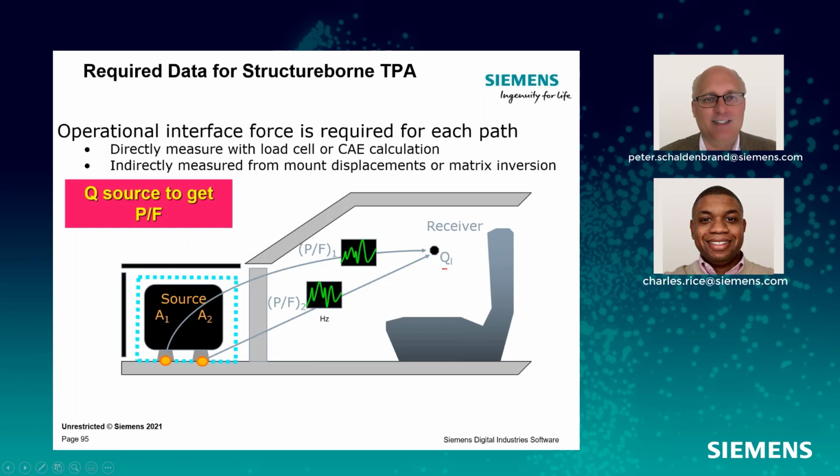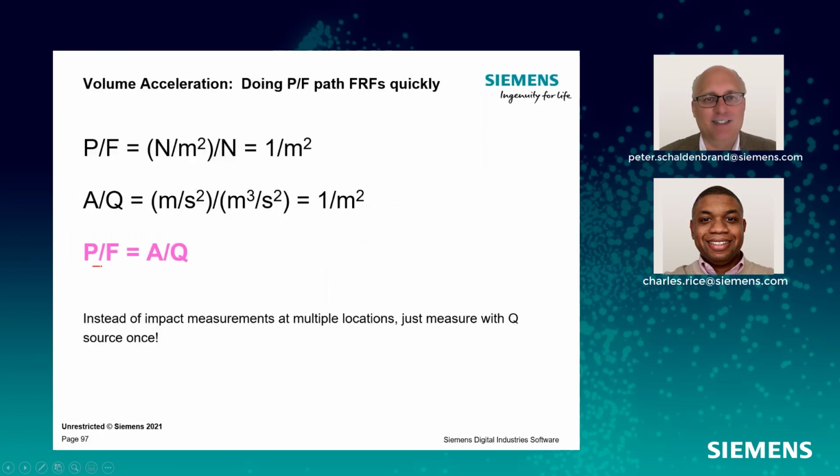One nice other thing about Q sources, if you have an accelerometer here, because you're going to measure some structure-borne paths, a P over F that you might measure is the same as A over Q. It's the exact same units. And so you can actually measure your structure-borne FRFs with a Q source, which is kind of nice.